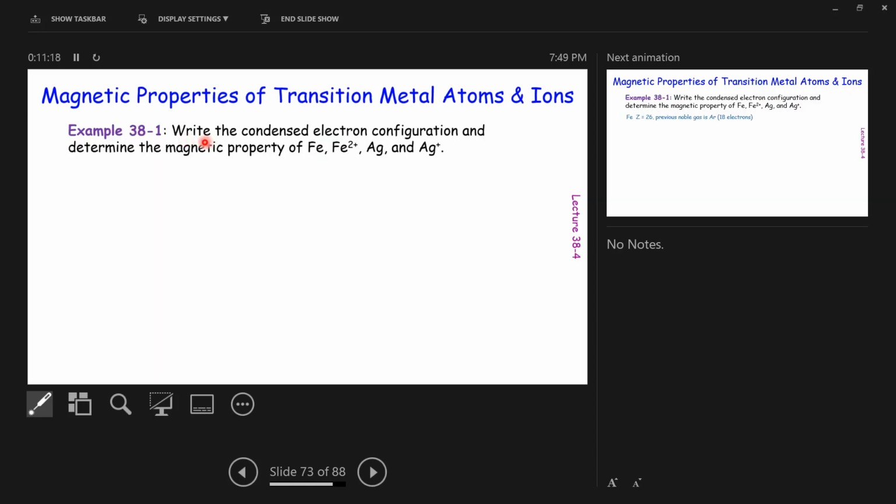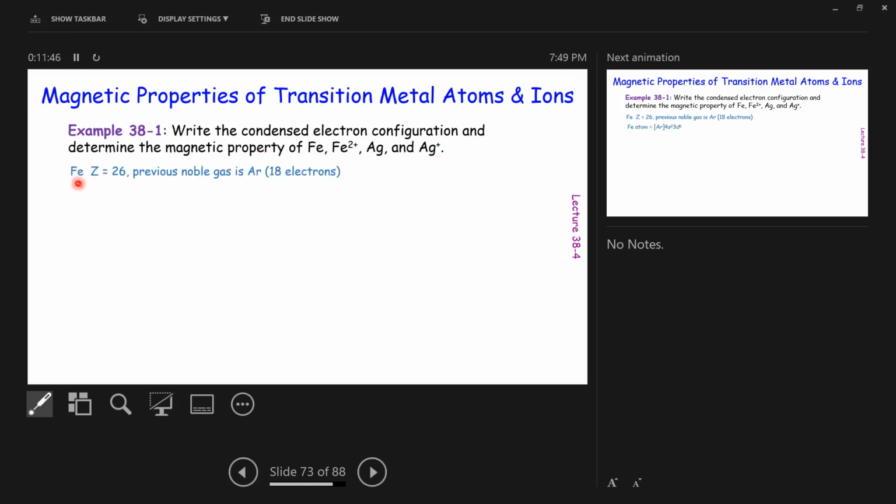Let's work on example 1 in lecture 38. We need to write the condensed electron configuration first, and then determine the magnetic property, either paramagnetic or diamagnetic, for iron, iron 2 plus, silver, and silver plus.